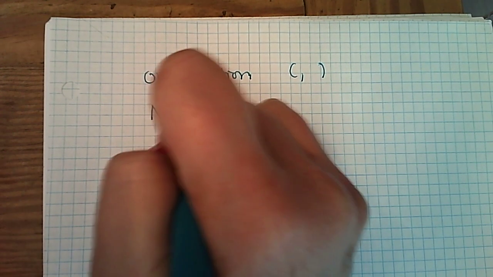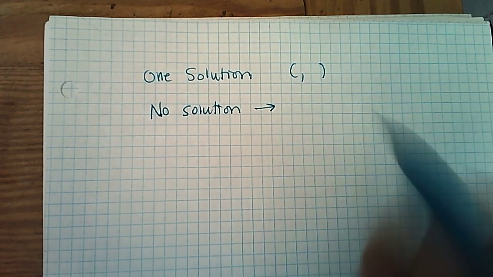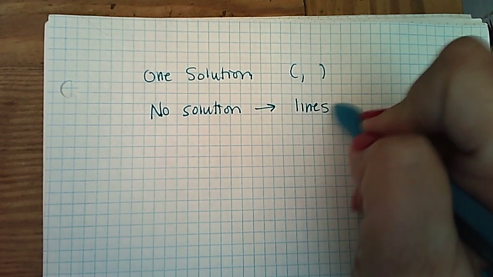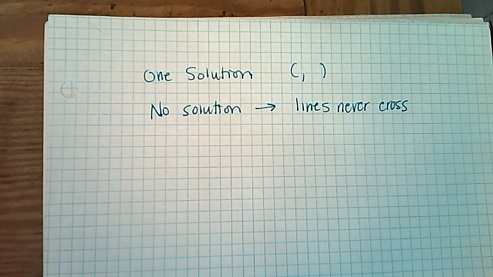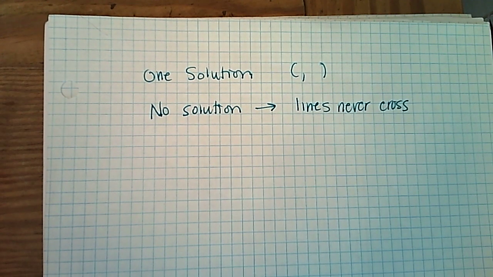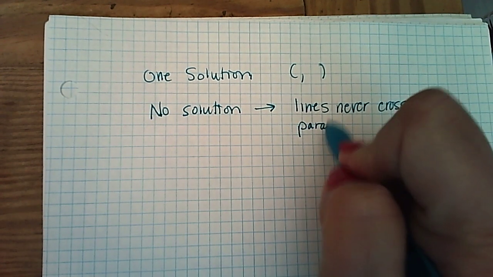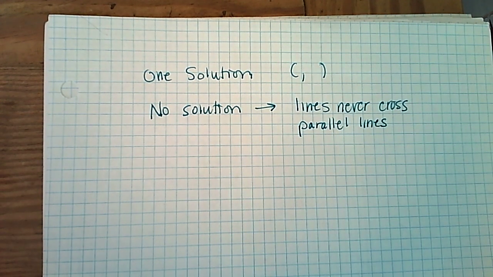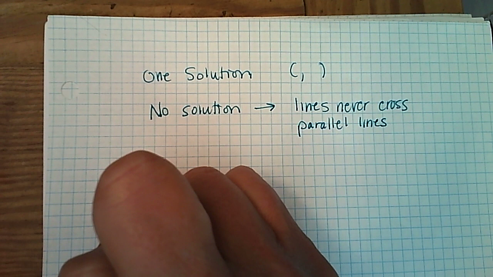So for no solutions, well, how could we not have a solution? Well, obviously, if there's no solution, our lines aren't going to ever touch. So if our lines never cross or touch, what kind of lines are they? Exactly, parallel lines. Then the other one is infinite solutions, and I'll show you an example in a moment.